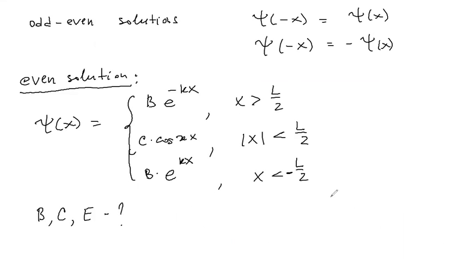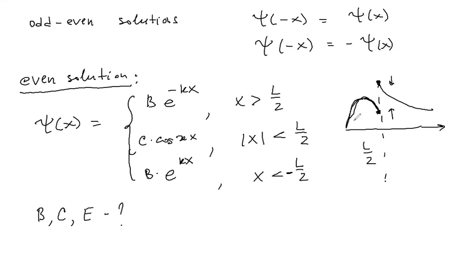Then I have to just look at what happens at the borders, because if you have a border, let's say L over 2, if your x is greater than L over 2, then you have an exponent, and if your x is less than L over 2, you have a cos function. I have to connect them because I don't want to have a discontinuity.